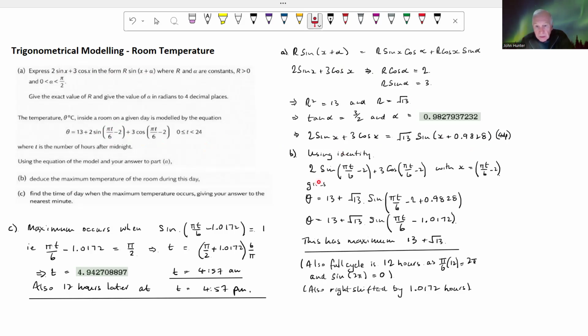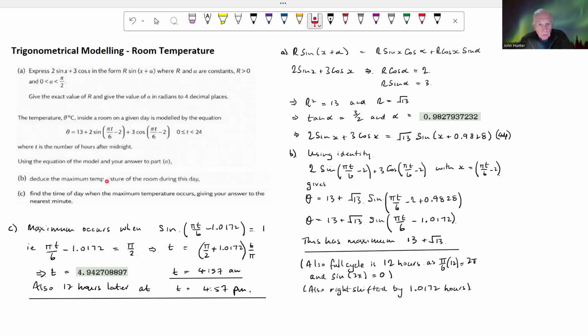Using the identity where x is equal to that, that's going to give us theta equals 13 plus root 13 sine of this function of t, which simplifies to that. So in actual fact, we need to complete all that in order to answer part B, but we'll need this later.